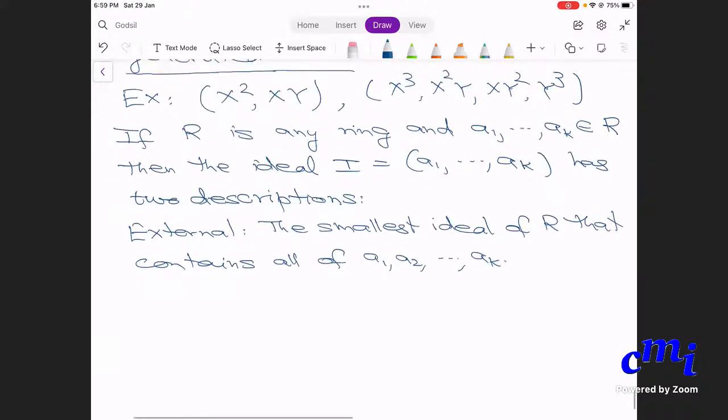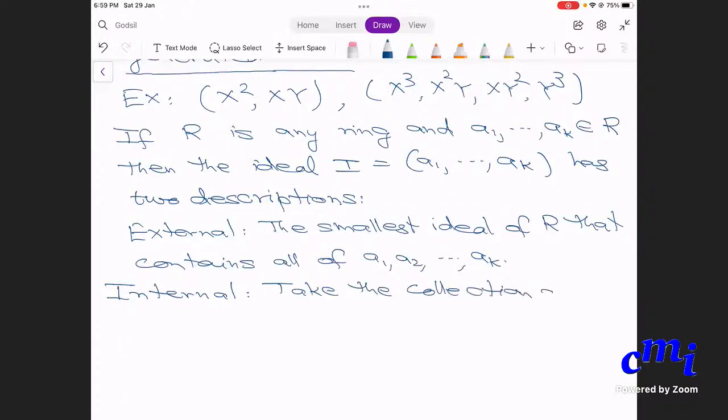Then there is an internal description, which is often what we usually use. Internal: take the collection of all R1A1 plus R2A2 up to RKAK, where the Ri's belong to R. That is, you take all linear combinations of A1 up to AK, but the linear combinations are taken with coefficients in the ring R. Take the collection of all such linear combinations; one can show that they form an ideal.